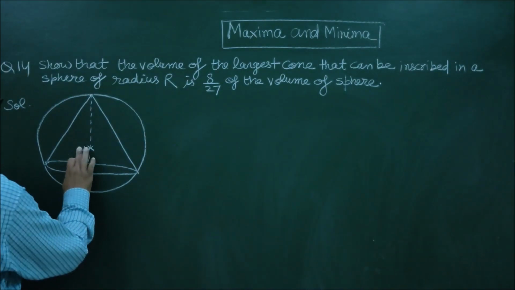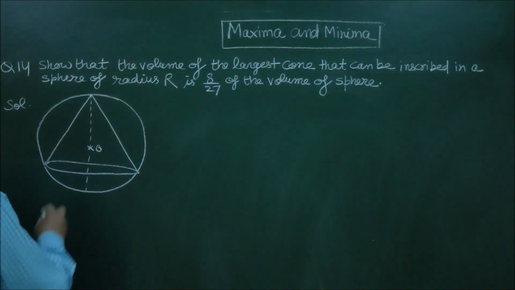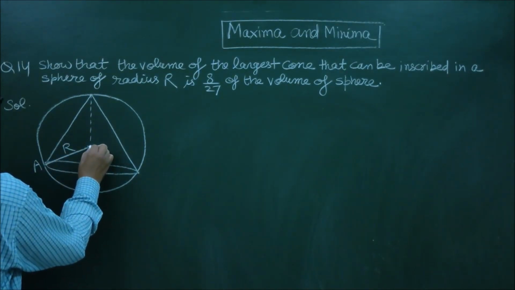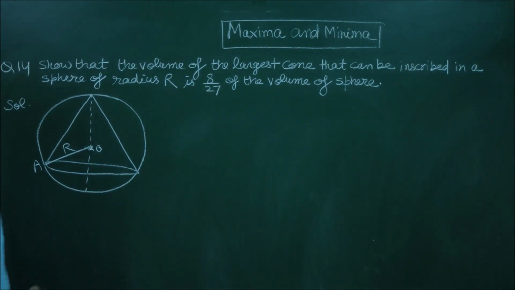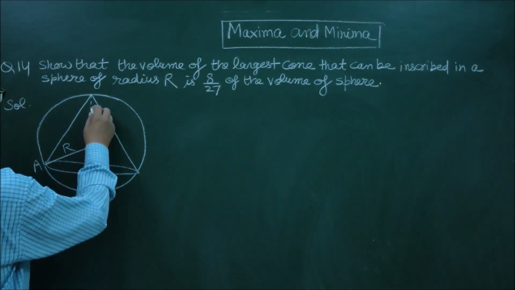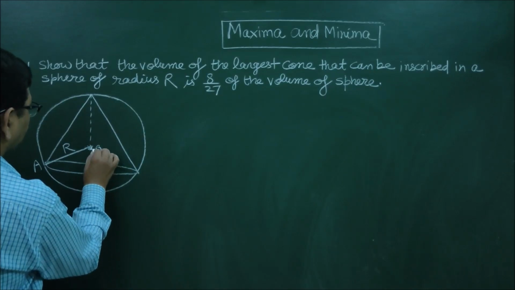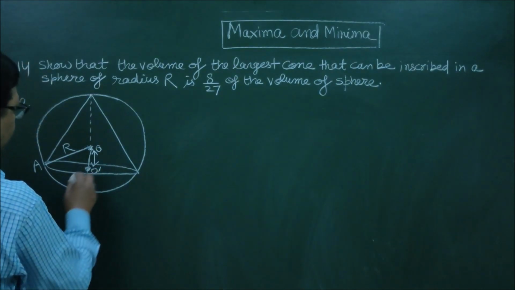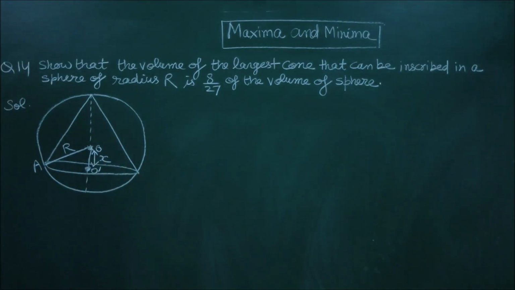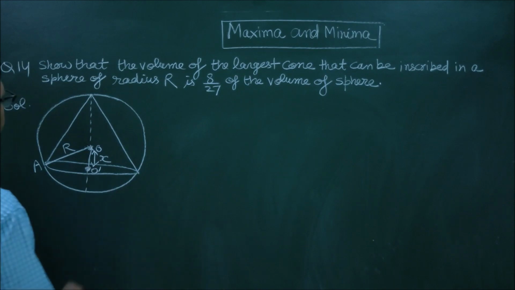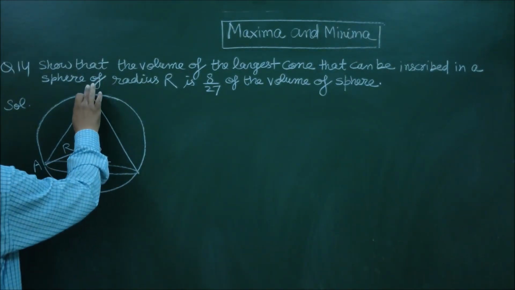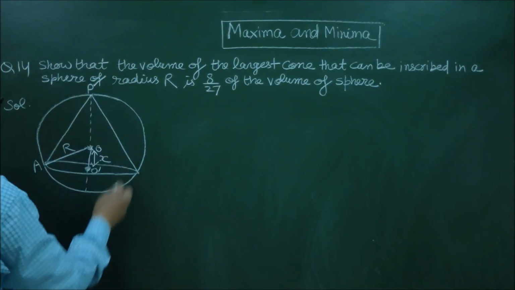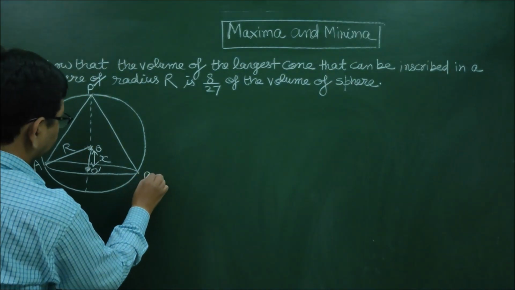Now the radius of the sphere is r. So from O to the point A, this is r, and let the height from the base center be x, O dash be x. Now the height of the cone, let this point be P here, and this is A, and this point is B here.